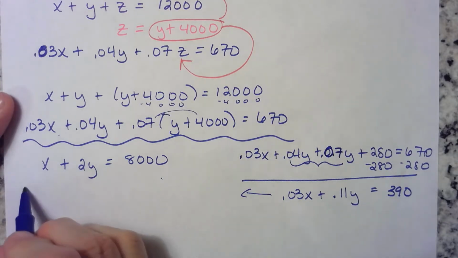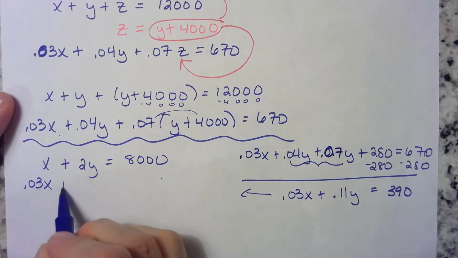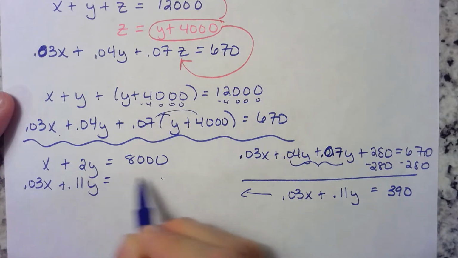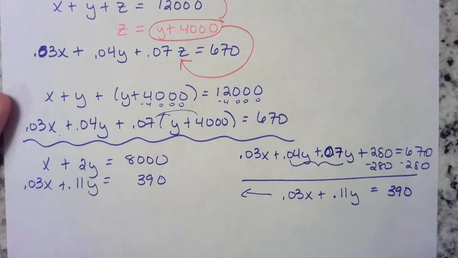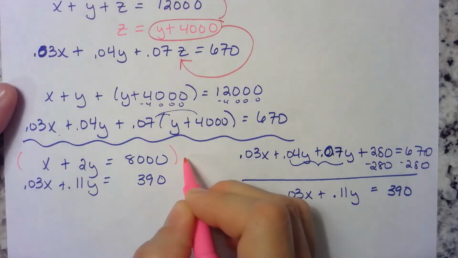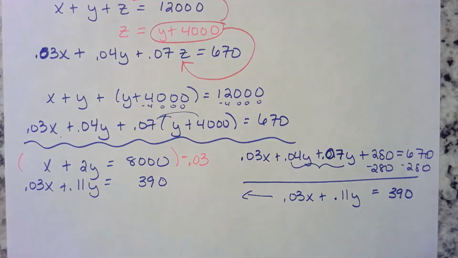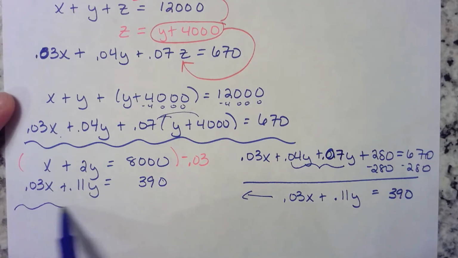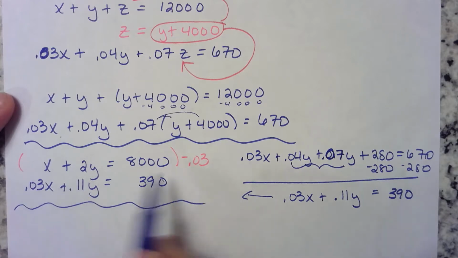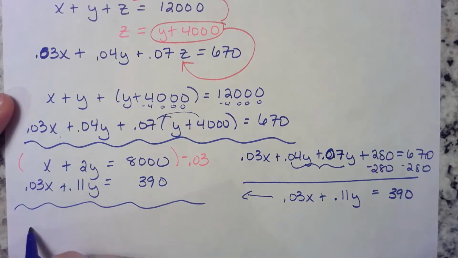We have 0.03x plus 0.11y is equal to 390. We need to make one variable eliminate. So we can multiply this one by a negative 0.03 to make that happen, right?